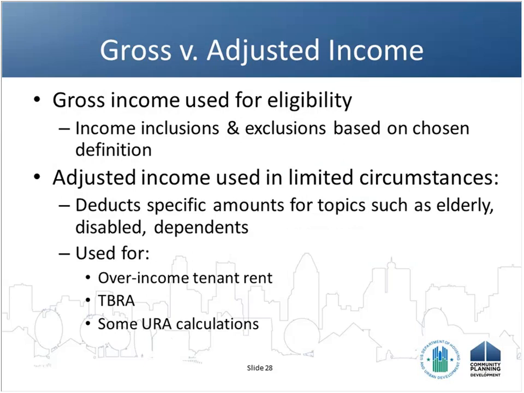So the first part of this is really looking at what is my definition of income. For our Section 8 income definition, we're going to be looking at the gross income for that household. We may also be imputing some additional income from assets that household has.